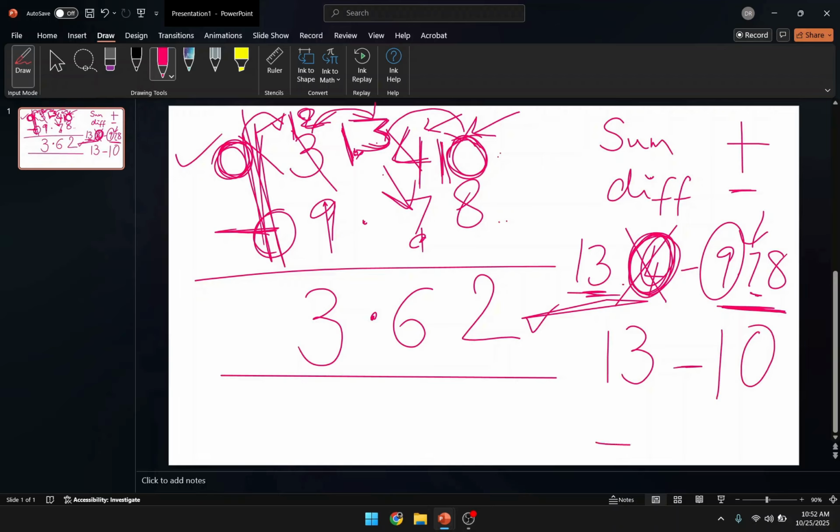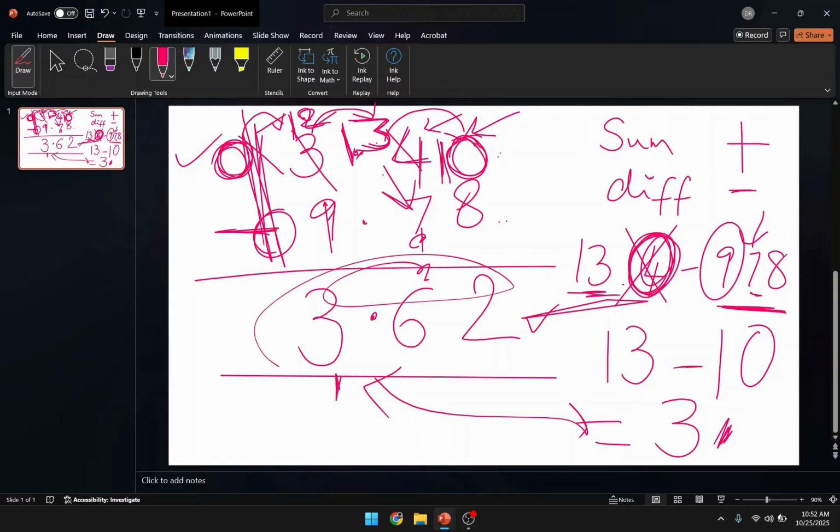So now my estimate is 3. So I have 3 here. I have 3.62. That's fine. That's a good estimate. I know 3.62 rounds to 4, but that's fine. My estimate is not bad. Okay, so this is how I know I'm doing a fair job of doing the sum or difference.